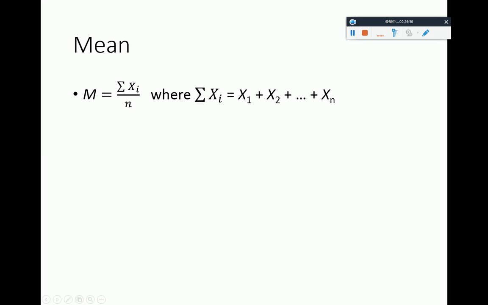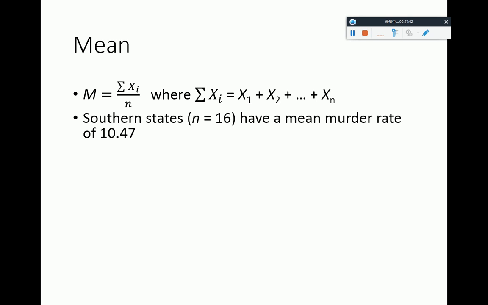Okay. All right. So let's see if we truly understand how to compute means. Recall we saw data on the murder rates of all 50 states in the United States. If you have individual values for each of the 50 states, it's very easy to compute an average murder rate. Just add up all 50 scores and divide the sum by 50, and you will have the average.